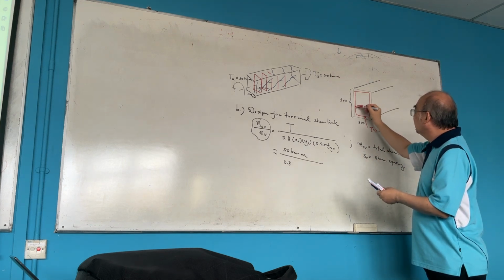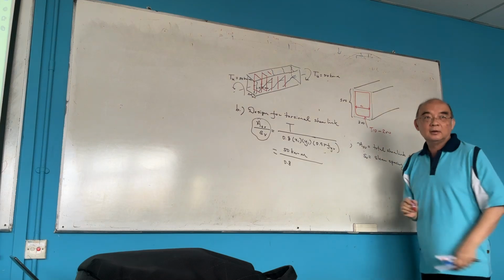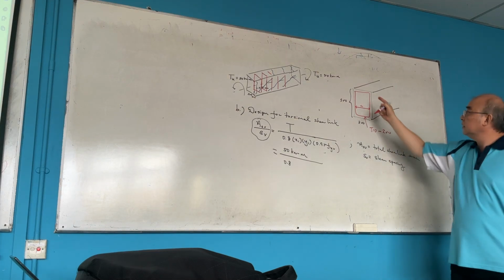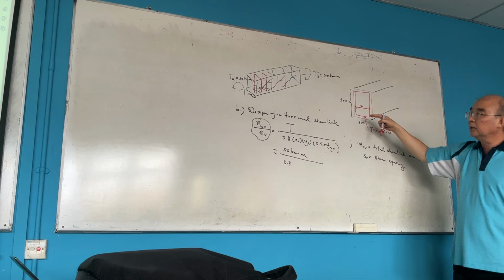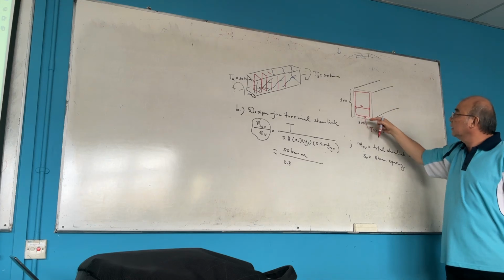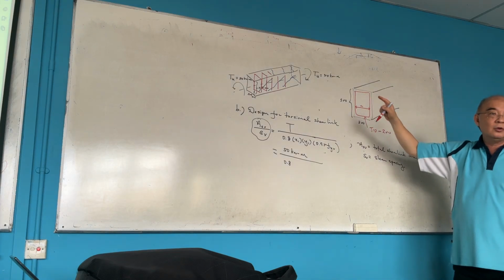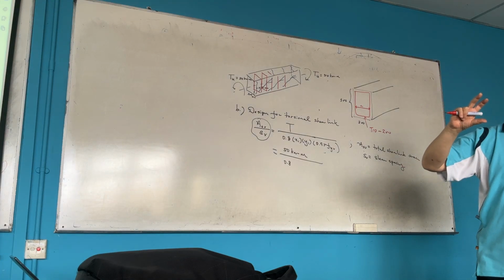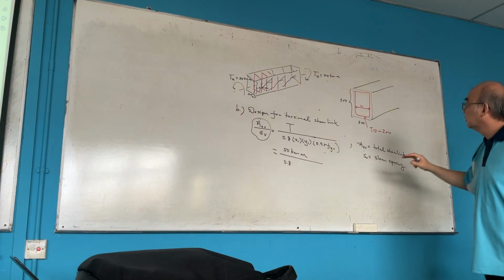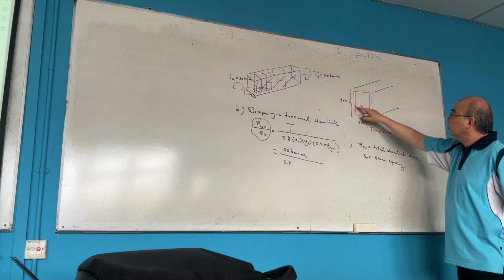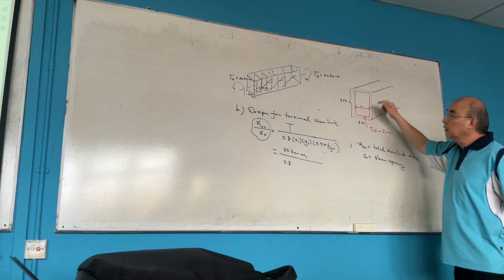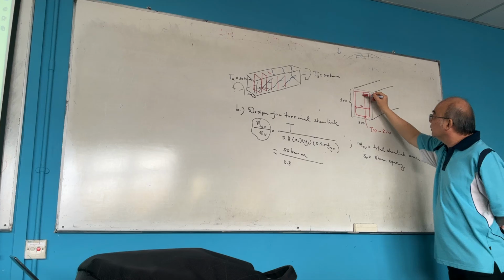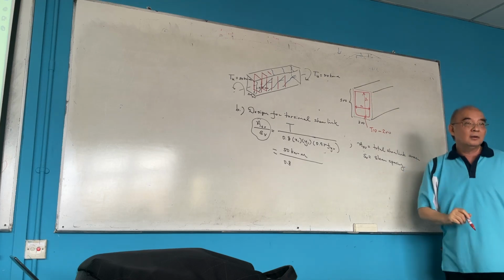This dimension here is x1. This is the shear link. So the shear link is a rectangular shape, so it has a short dimension and a long dimension. The short dimension is x1. The long dimension is y1.